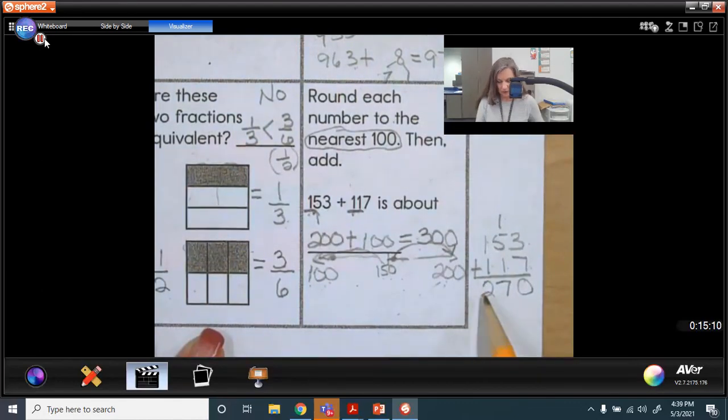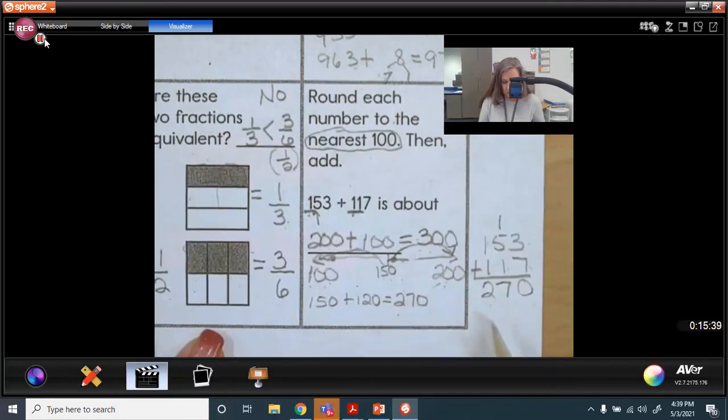And if I were going to round 270 to the closest 100, I would round it to 300. Now remember, when we're rounding to the closest 100, that's going to be a little further or different than if I were rounding to the closest 10. If I rounded to the closest 10, this would be 150, and this would be 120, and these would actually be exactly the same.